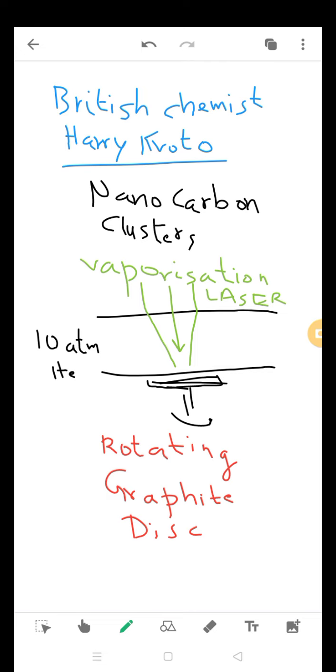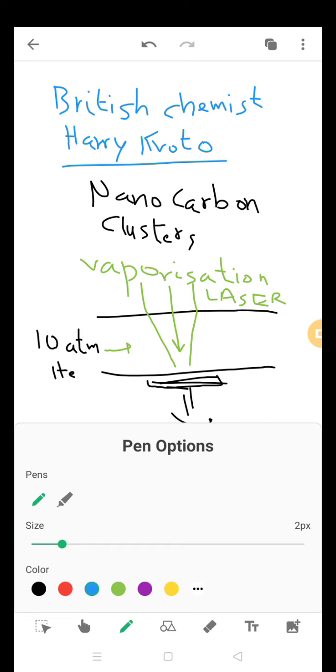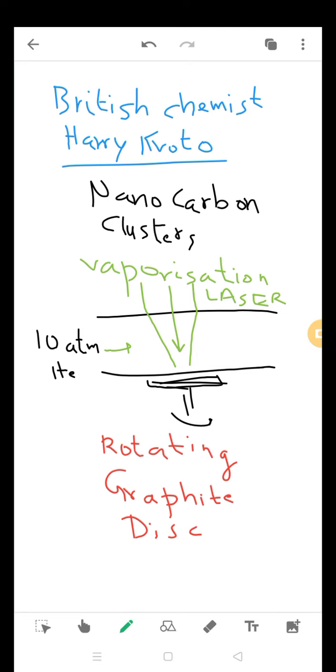He allowed the vaporization laser to fall onto this rotating carbon disc, and then he allowed helium gas. So ultimately the graphitic or the carbon clusters were collected from here.